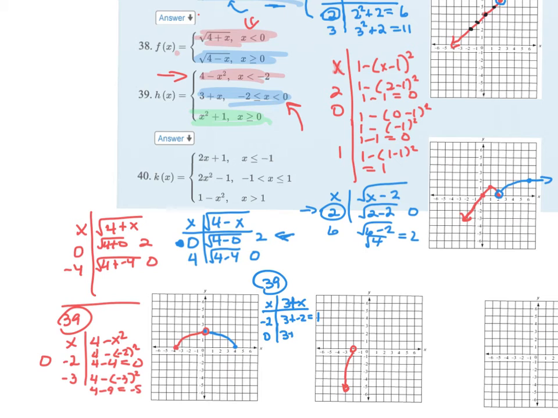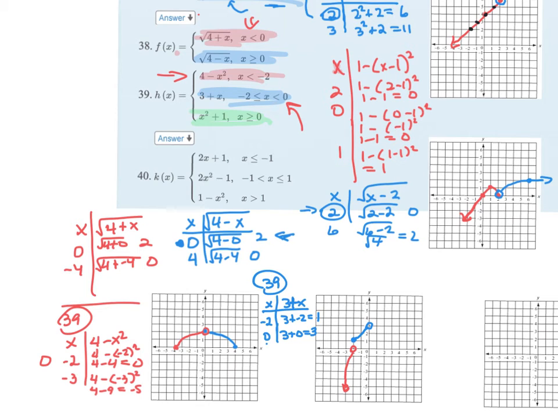And then 3 plus 0 equals 3. So let me come over here to -2, +1, and this is the closed circle. But then when I plug in the 0 and get the 3, that's going to be the open circle. Connect it, and there's that little segment.